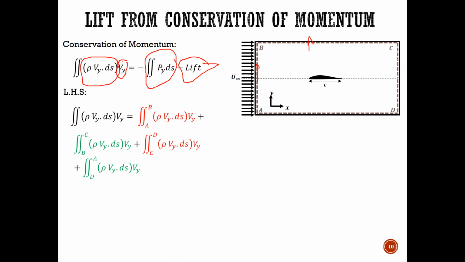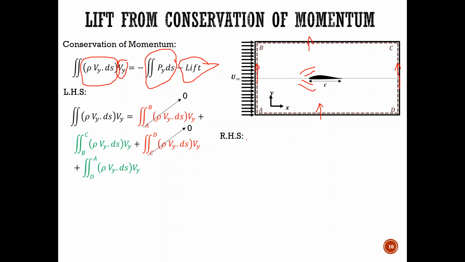CD, let's assume again there's no y component, and let's assume there is a small y component that occurs due to the change in the way the flow goes around the object at the faces AD and BC, right? So when we divide these contributions to these different areas, what we can quickly decide is that there's no y component through AB and CD. That leaves the y component in BC and DA, right?